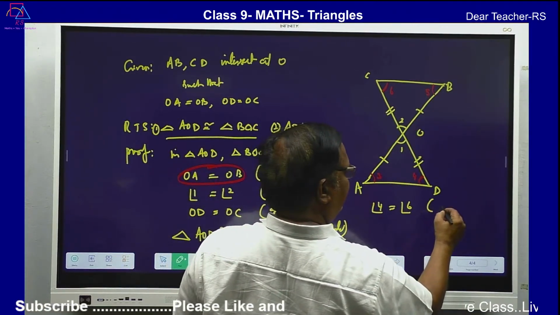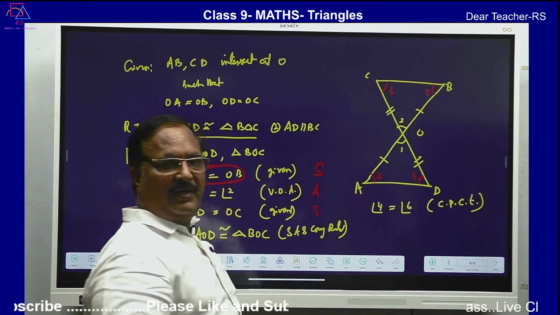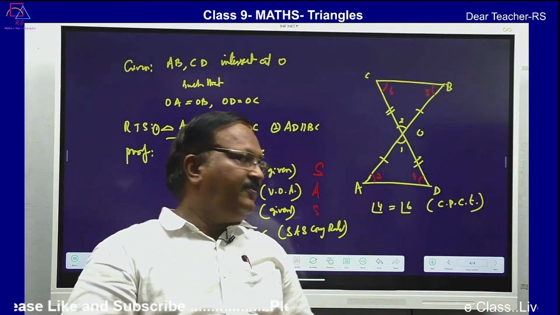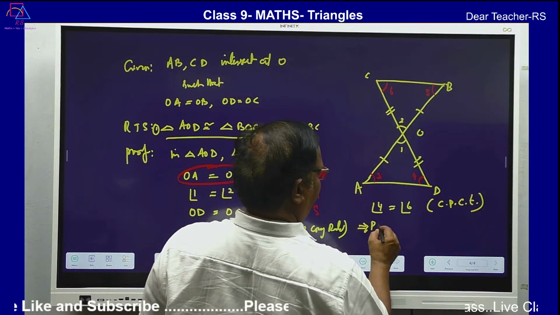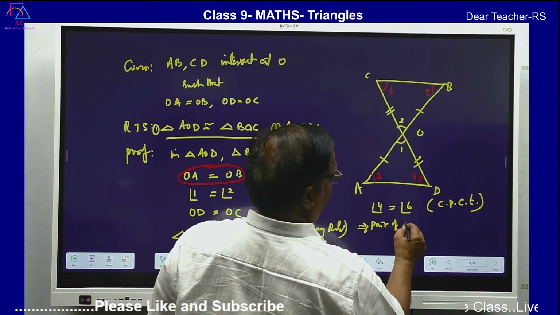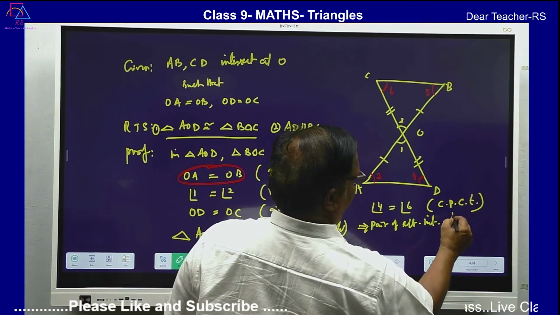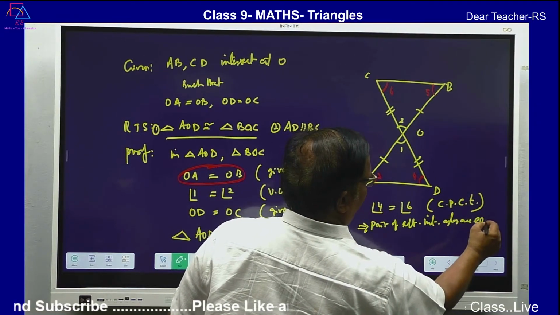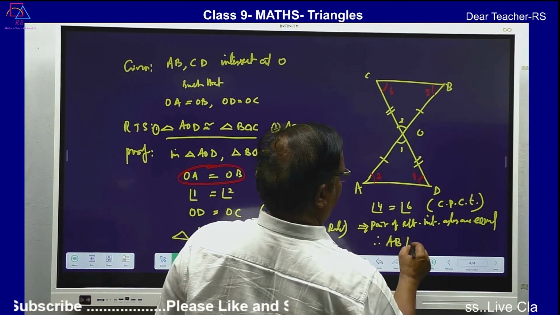This is CPCT, corresponding parts of congruent triangles. That means a pair of alternate interior angles are equal. Therefore, AD is parallel to BC.